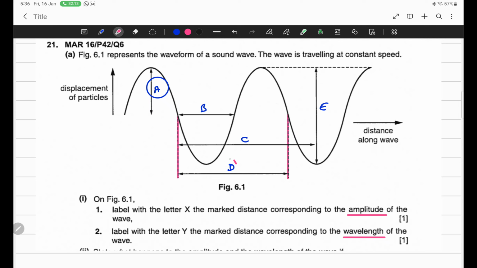So option D is one wavelength. The wave moves down, then up, then down, and at this point one cycle completes. So this length is called one wavelength.